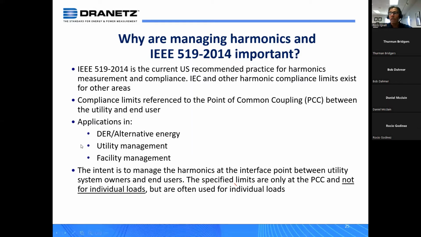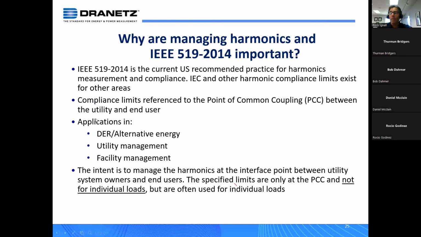And the applications for this is really being used anywhere in the industry, although this is talking about the point of common coupling with the utility. These are used for individual loads, even though it's not intended for that. People do take this down to the motors, the PDUs, and other places in the system, even though it's not intended for that, just as a point of reference to see, well, what's the harmonic content.